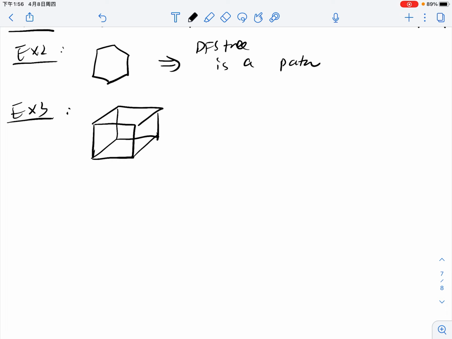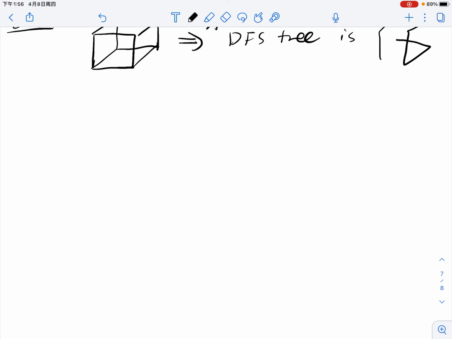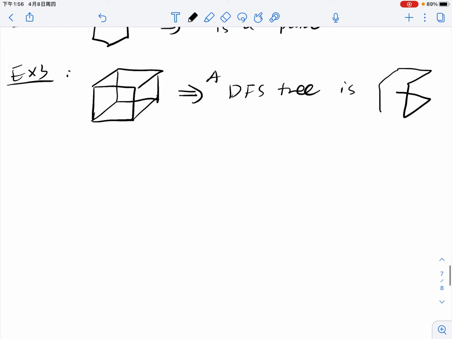And for the hypercubes, you might have a lot of different DFS trees. But here's one. So actually this will be either the Eulerian tour or the generating permutations. There will be a similar description for all the DFS trees.